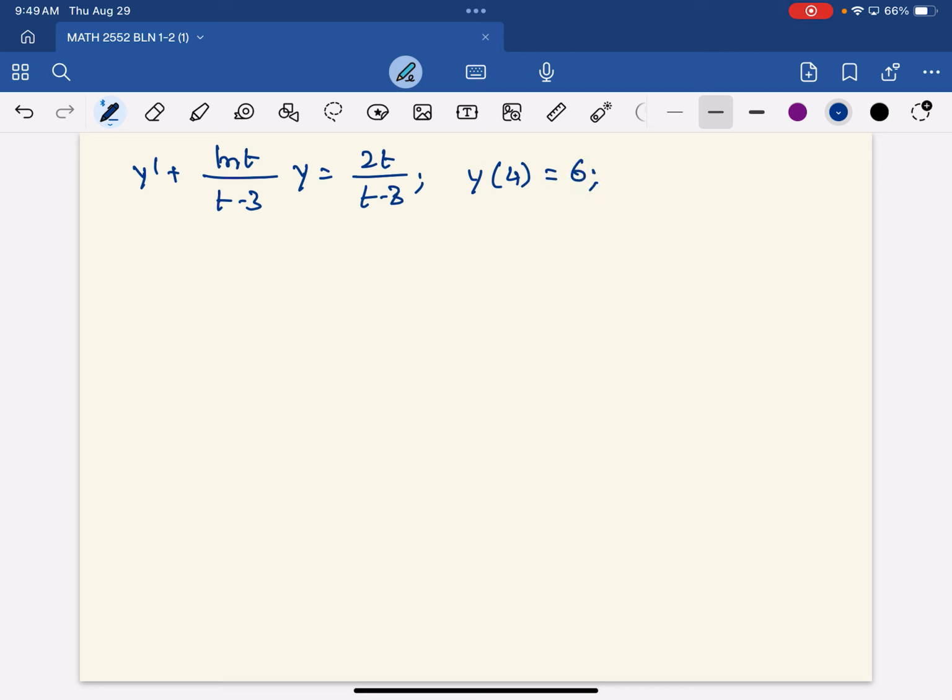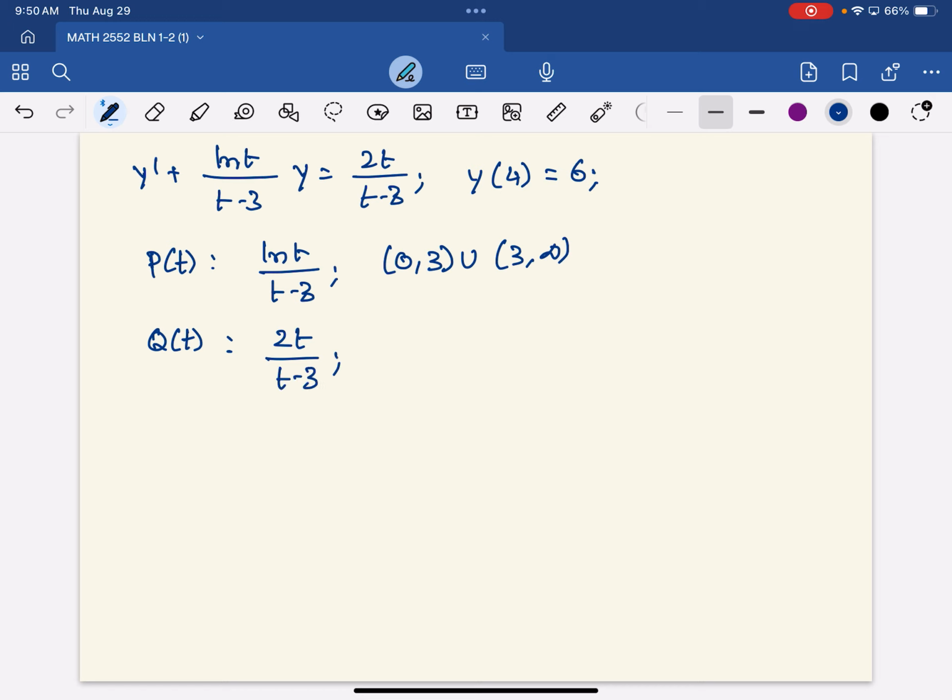So if I have y of 4 equals 6, then my function p is natural log of t divided by t minus 3. My interval of continuity for p is 0 to 3 union 3 to infinity. My function q is 2t divided by t minus 3. My interval of continuity for q of t is negative infinity to 3 union 3 to infinity.